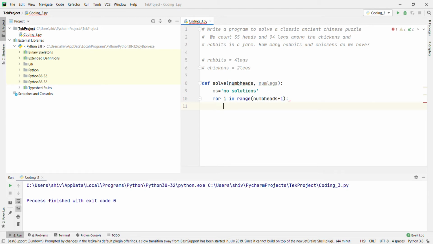Now we use j equal to number of heads minus i.